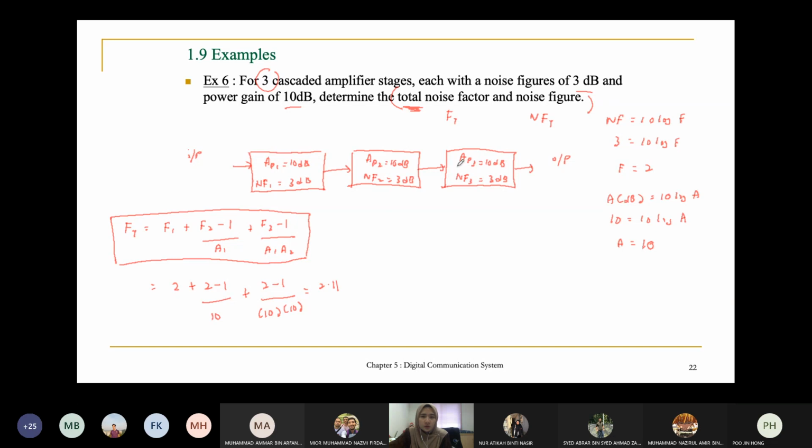Now you can calculate for the total noise figure, NFT. So NFT is 10 log FT.